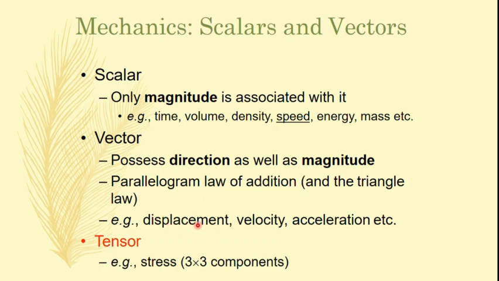Here it is written, that is displacement, velocity, acceleration, etc. And for the higher order term, that is stress in case of classical dynamics, or permeability in case of classical electrodynamics, tensors are used. I will discuss this tensor later. Now we concentrate only on scalar and vector.